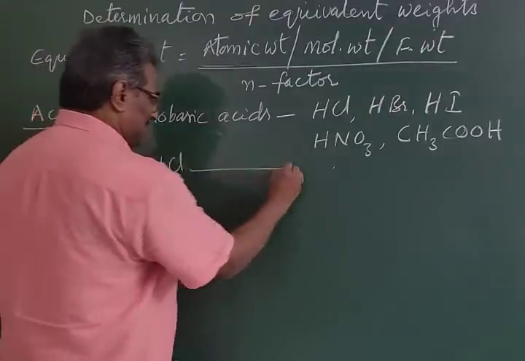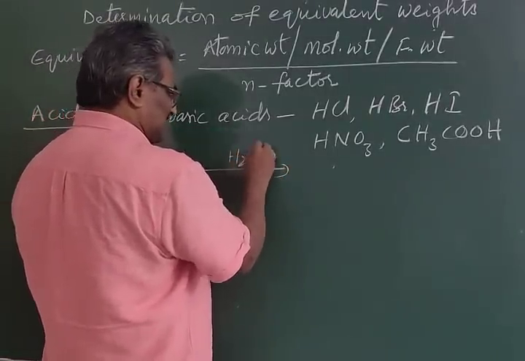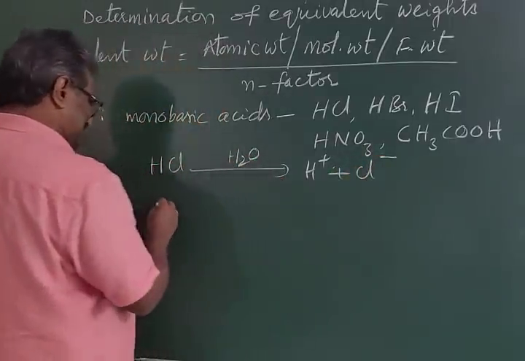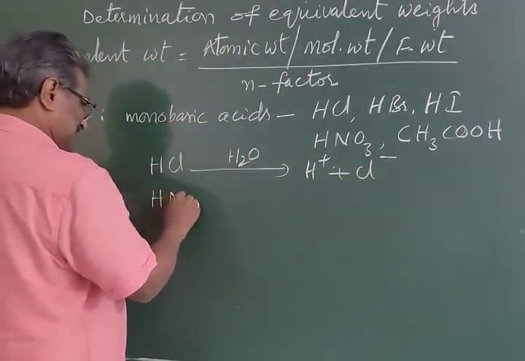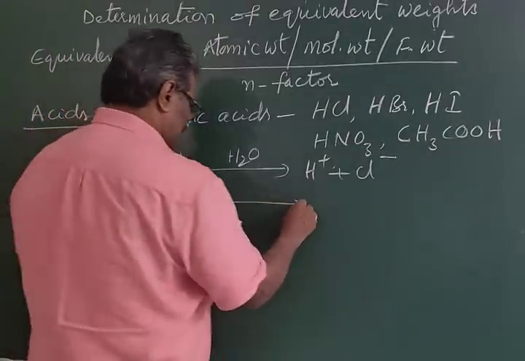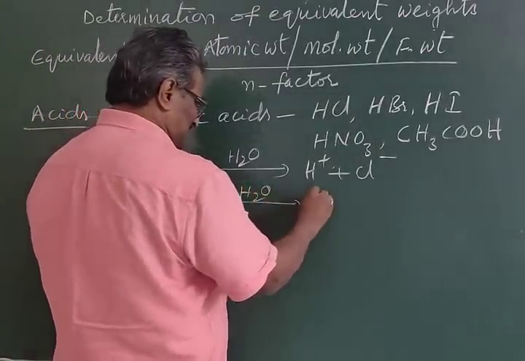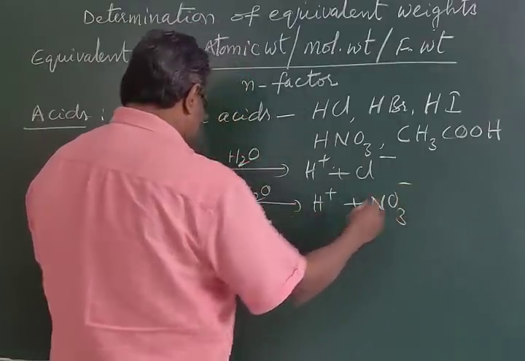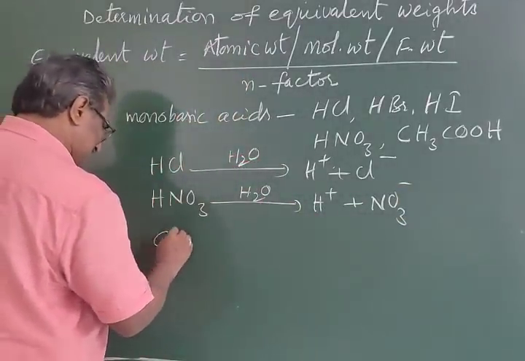HCl when dissolved in water gives H plus ion plus Cl minus ion. HNO3 when dissolved in water gives H plus ion and NO3 minus ion.